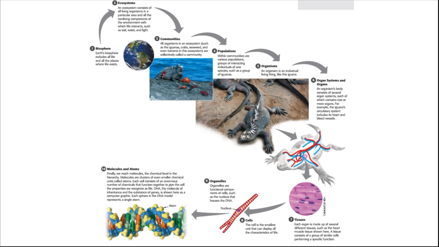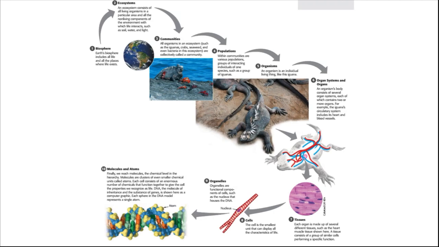Those organelles are inside the cell and help the cell fulfill its metabolic processes. Those cells together make up tissues. Those tissues make organs, and those organs make up organ systems. So you can think of the cardiovascular organ system as made up of several organs like the heart. All of the organs and organ systems working together make up a complete organism.